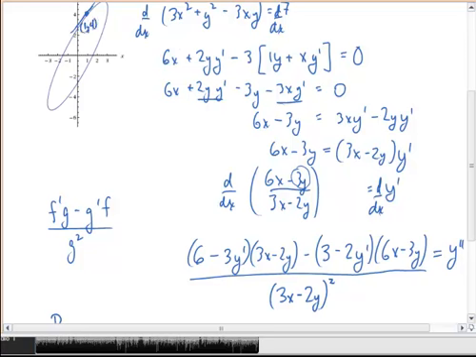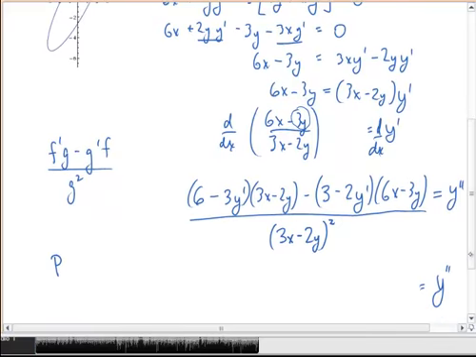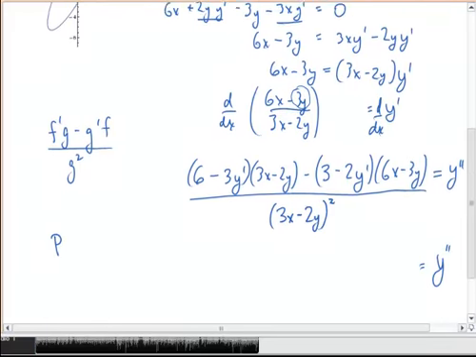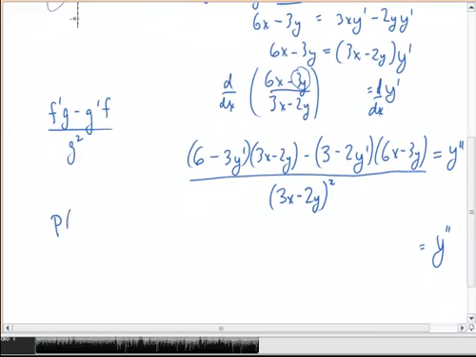So we know the x value, we know the y value, and from before we also knew that y prime at x equals 1, y equals 4 was equal to 6 over 5. So now we have everything we need to figure out what y prime prime is.